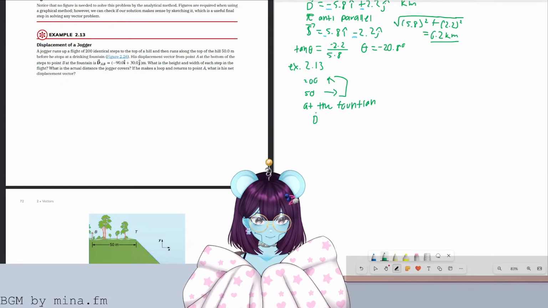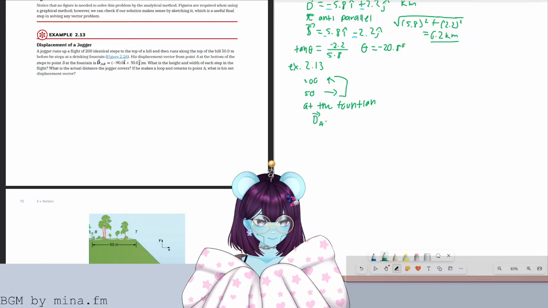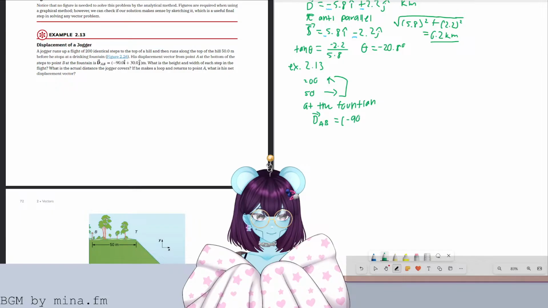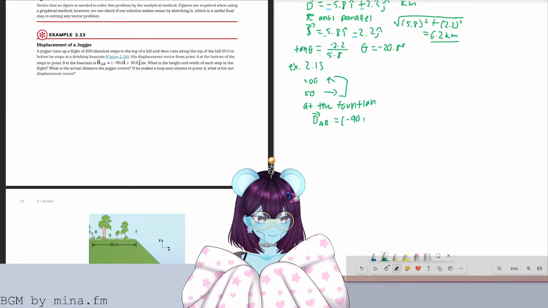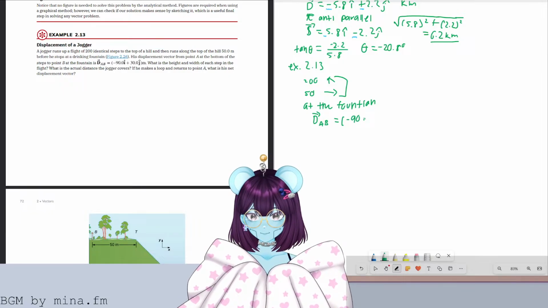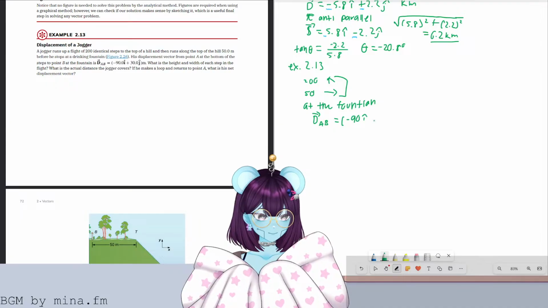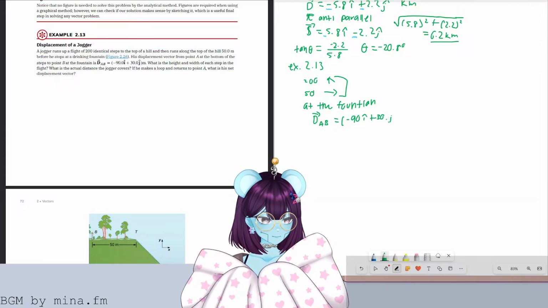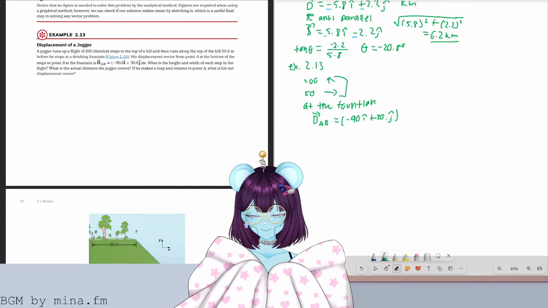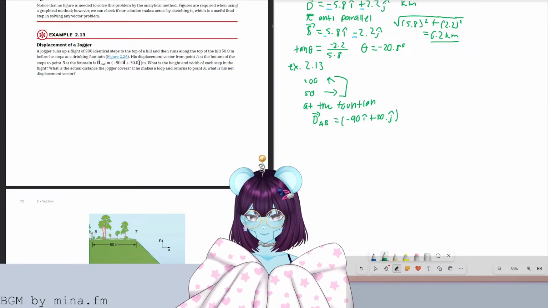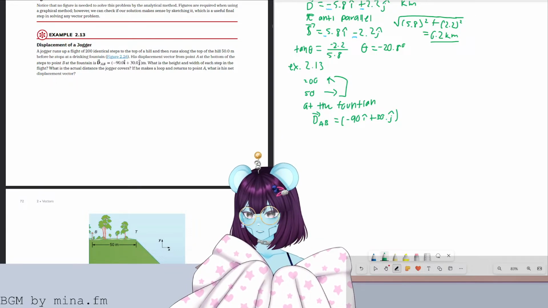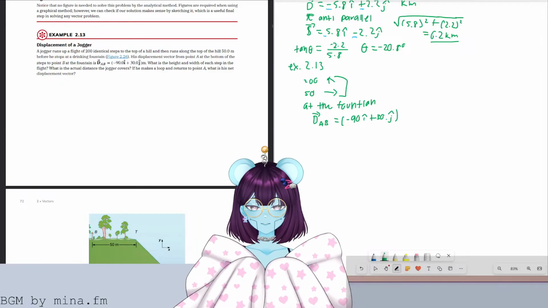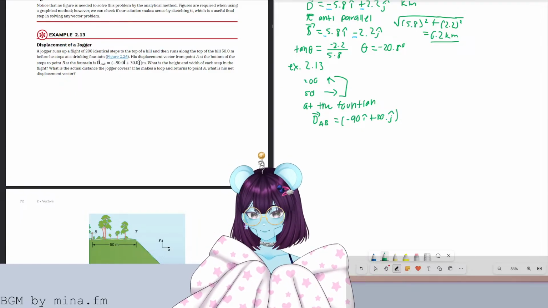We have this with A, B, and negative 90, plus 30 j hat. What is the height and width of each step in the flight? What is the actual distance the jogger covers? If he makes a loop and returns to point A, what is his net displacement vector?